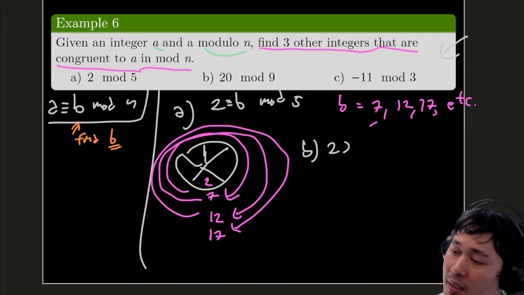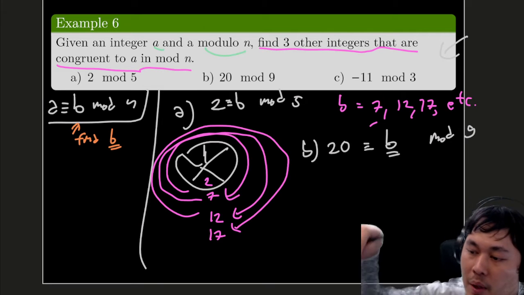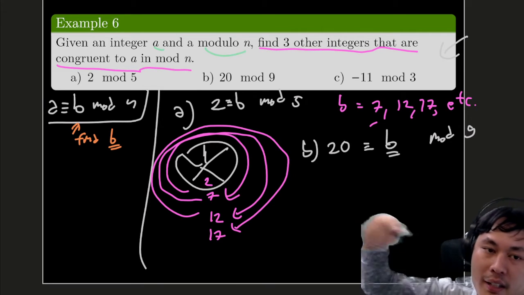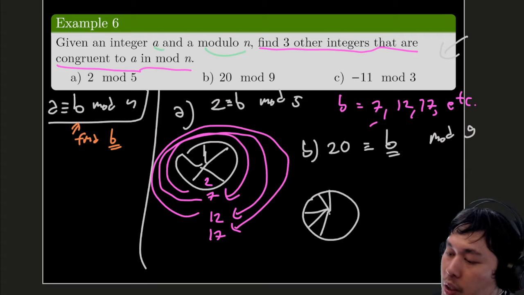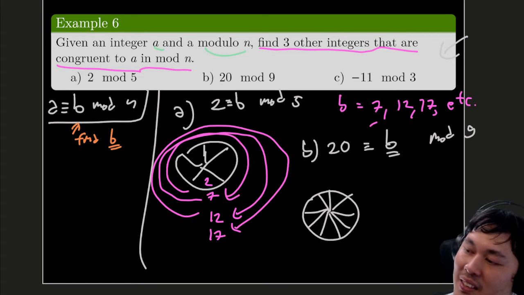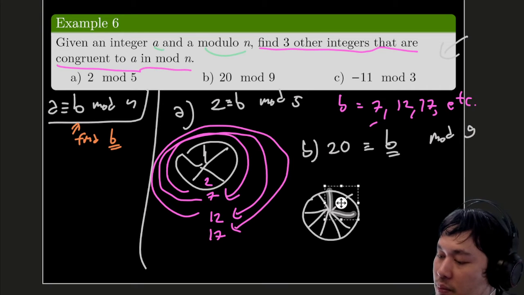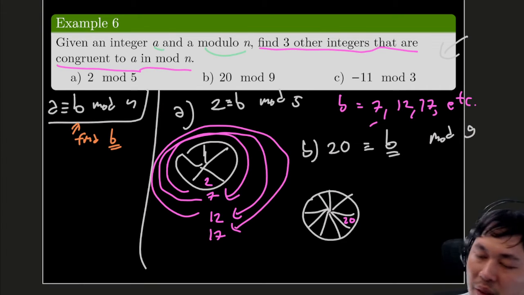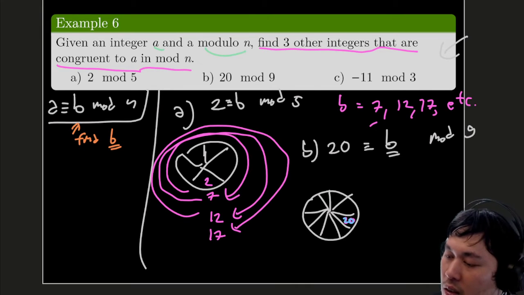What about b? 20 mod 9? You want to find other numbers that are in the same section. Again, there are 9 sections, and 20 is, I think, here. Could be wrong. Suppose that's 20. You want to get to a different number.